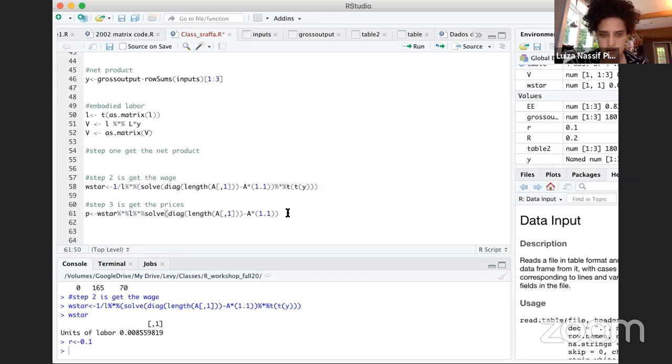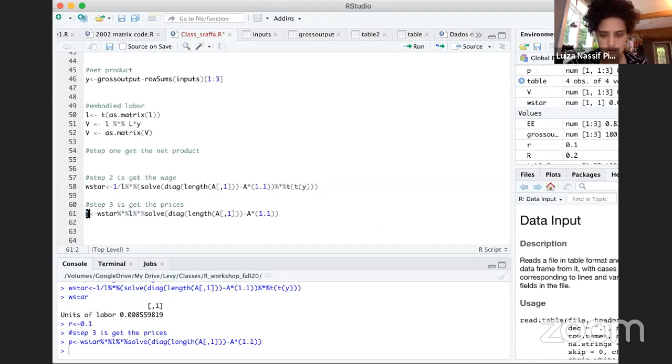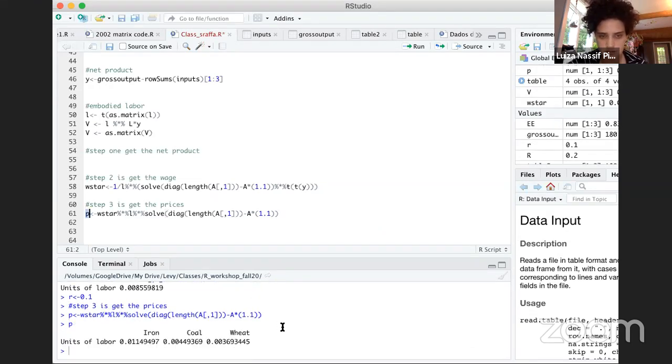Which is what we do here. And so this is your price vector. Is this correct? Yeah.